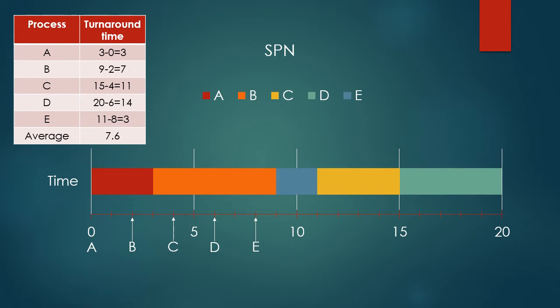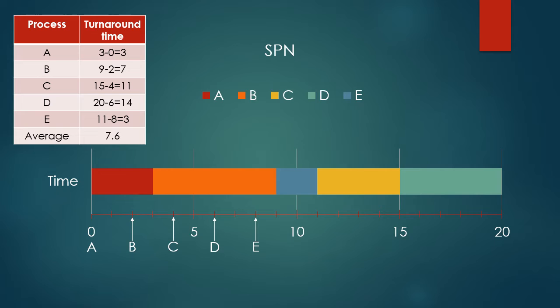Let's take a look at the individual turnaround times. A arrives at 0, completes at 3. Turnaround time is 3. B arrives at 2, completes at 9, turnaround time is 7. C arrives at 4, completes at 15, turnaround time is 11.